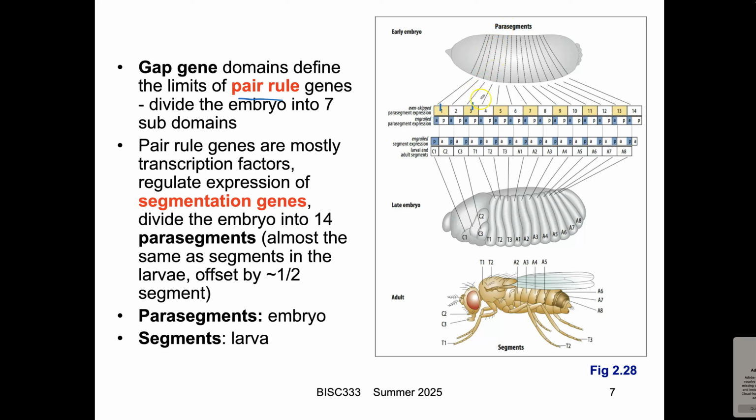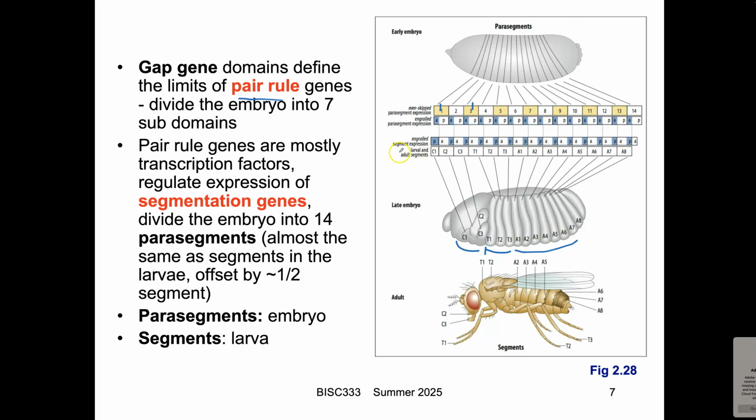Para means beside, and the way the embryos are divided up, there are these little indentations that look like separators between the segments. They almost line up, but don't quite line up with the three segments in the head, the three segments in the thorax, and then the eight segments in the abdomen of the late embryo. This is what the segments of the larvae will have.